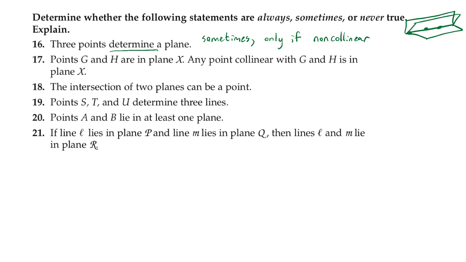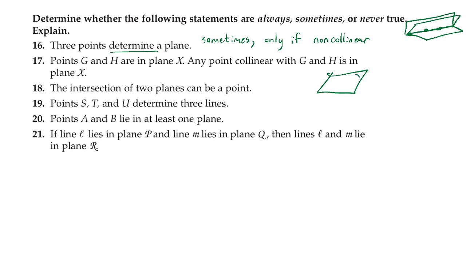Okay, so sometimes. 17, points G and H are in plane X. Okay, so we got a plane X, we got G and an H. What do we got going now? Any point collinear with G and H is in plane X. Oh yeah, that's always true.